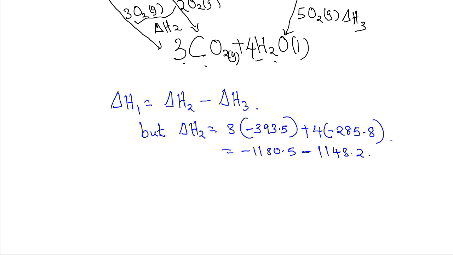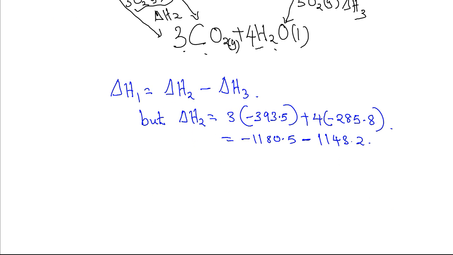Our overall delta H2 is equals to negative, let's subtract that, so it is 1180.5 plus 1143.2.